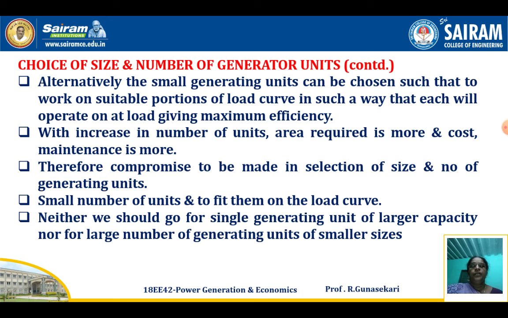Therefore, a compromise has to be made in selection of size and number of generating units: smaller size units fitted on the load curve. Neither should we go for a single generating unit of large capacity nor for a large number of generating units of smaller size.